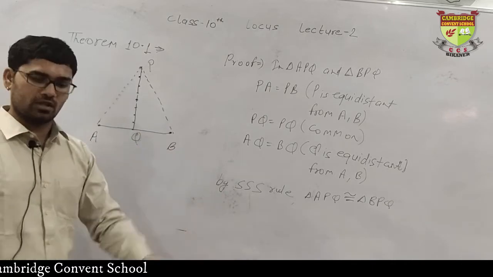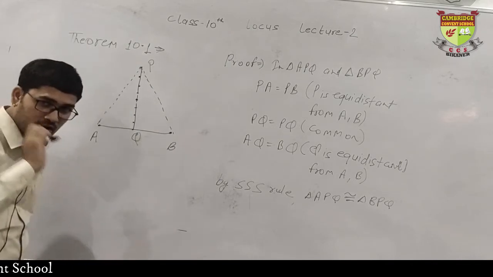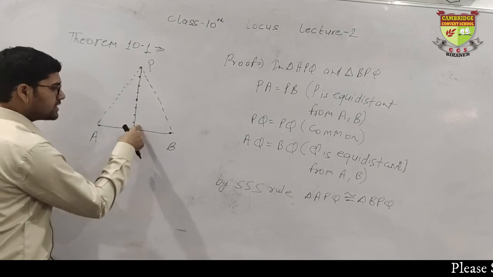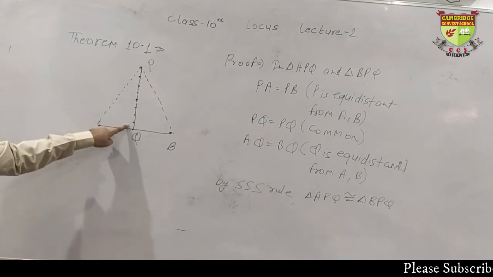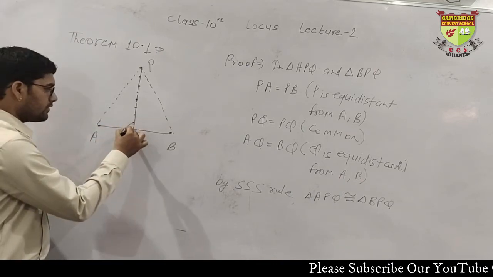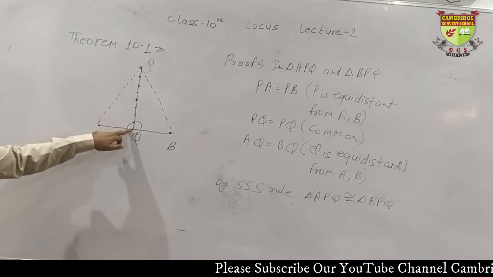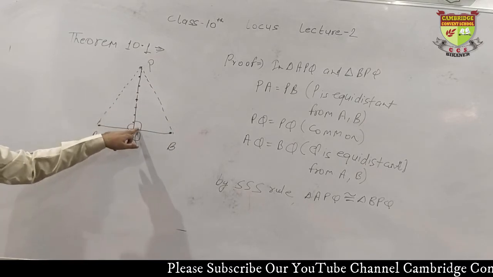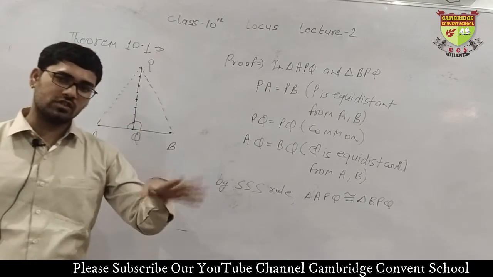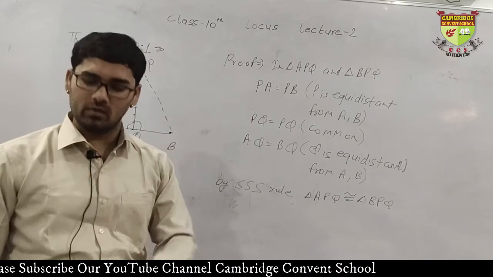Now remaining is perpendicular. If both triangles are congruent, then everything of them is equal. So this angle of triangle APQ will be equal to this angle of triangle BPQ. Why? Because both triangles are congruent, and because of CPCT, corresponding parts of congruent triangles are equal.